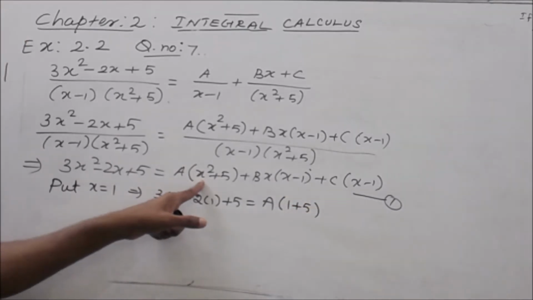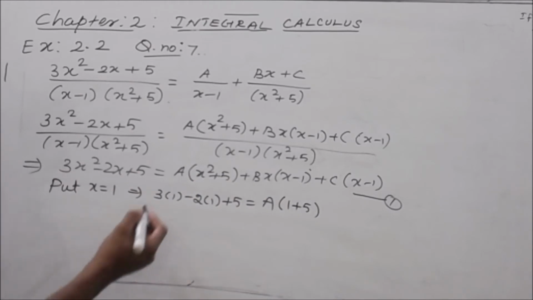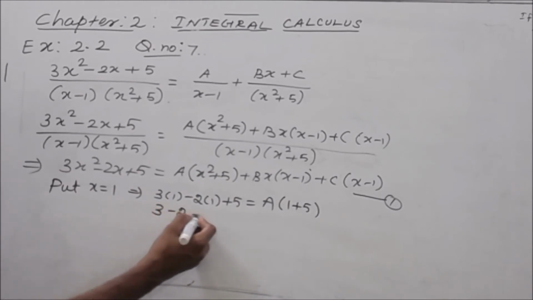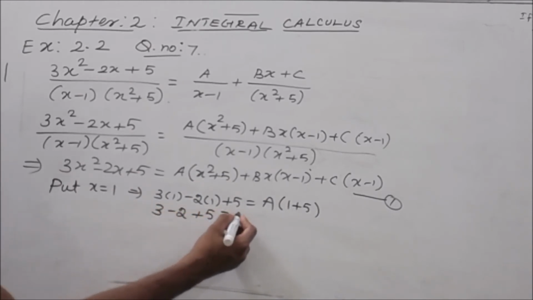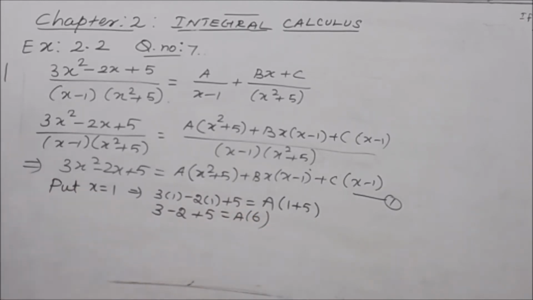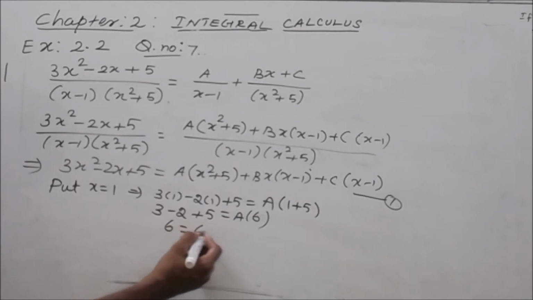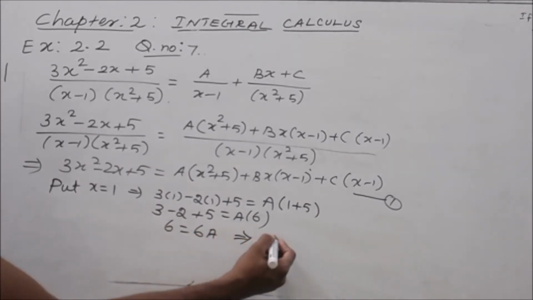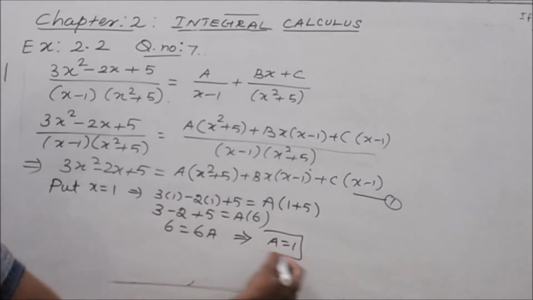Here 3 − 2 + 5 equals a into 6. Simplifying, 8 − 2 = 6, so 6 = 6a, which implies a = 1. Now we have calculated the value of a, and we move on to find the values of b and c.